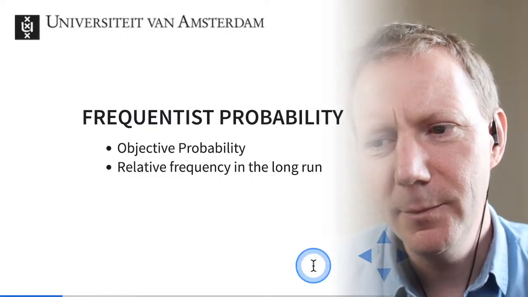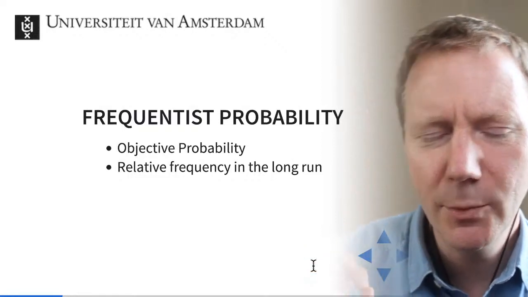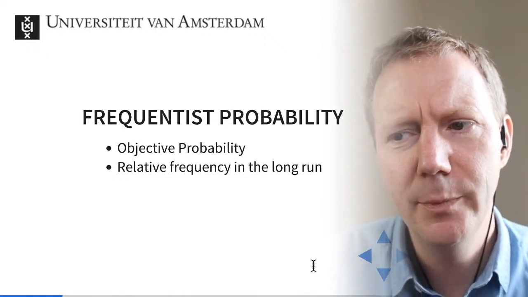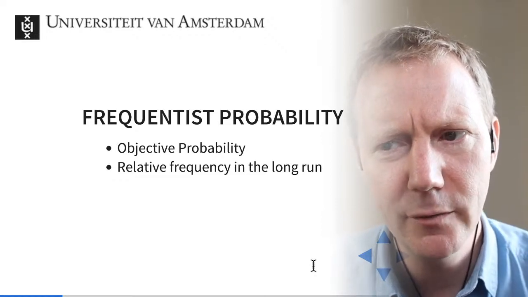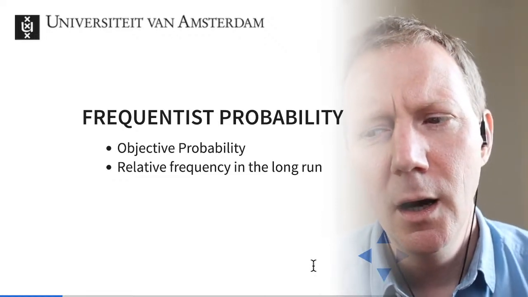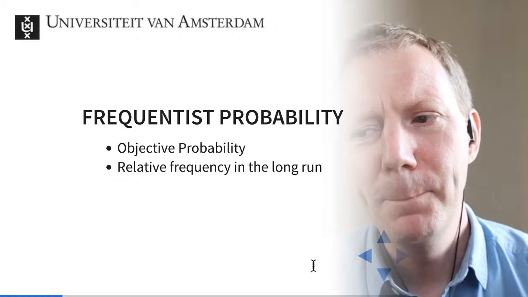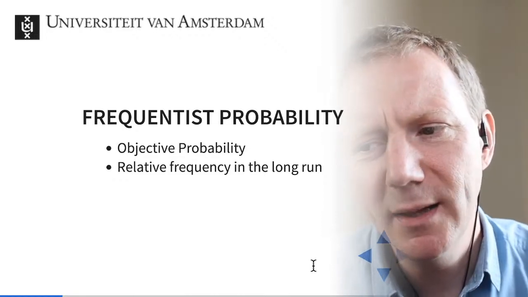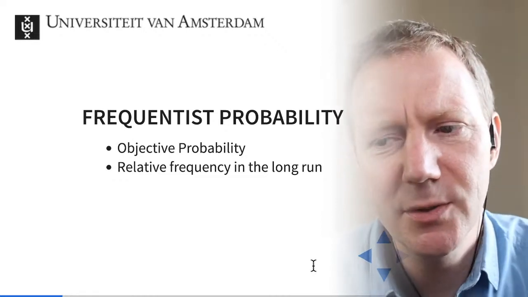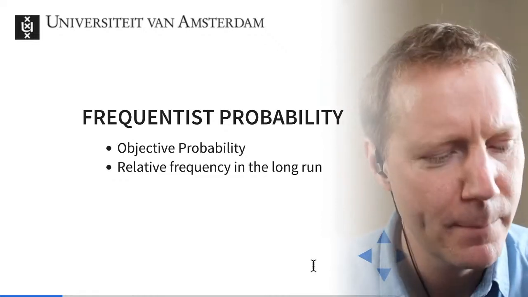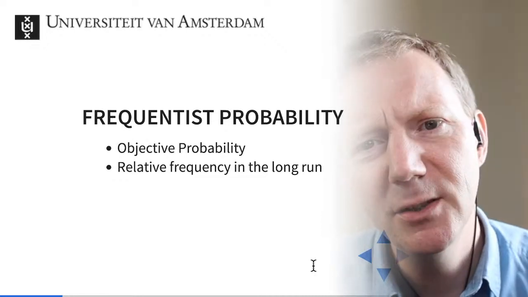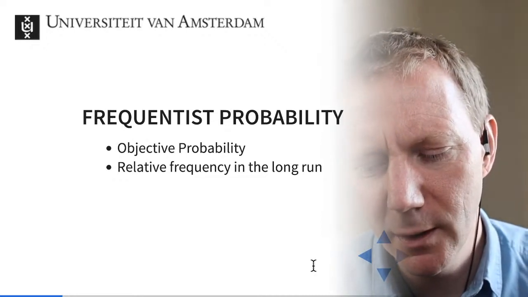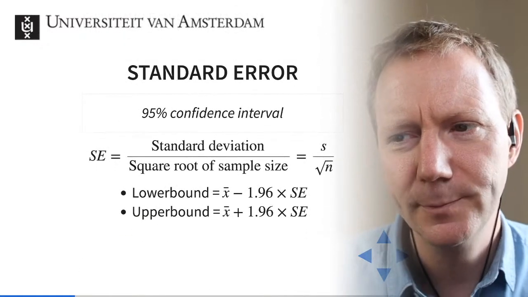Okay. So, the frequentist probability. Before I dive into the Neyman-Pearson paradigm, it's good to have a notion again of what the relative frequency in the long run means, and what this objective probability not just entails, but what it allows us to do.